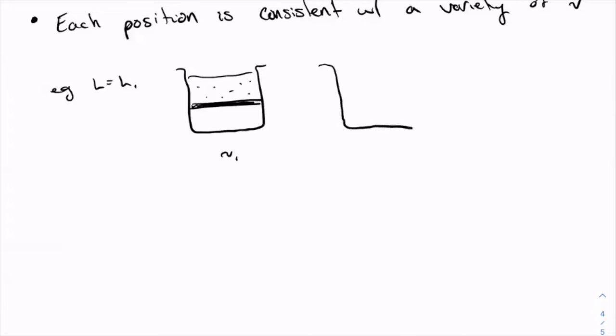If I was going to look at another microstate, plug in the same place, I could arrange those N solutes in a slightly different way. That's another microstate. Call that microstate 2, and so on and so forth. There are many microstates, many arrangements of the solute particles consistent with that plug being at L1.